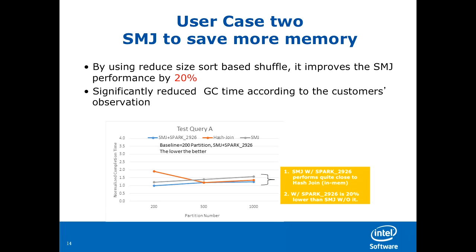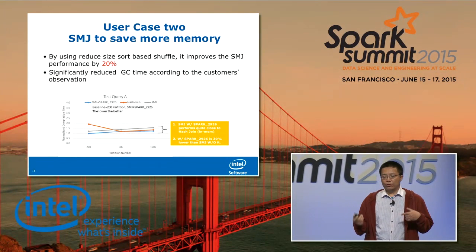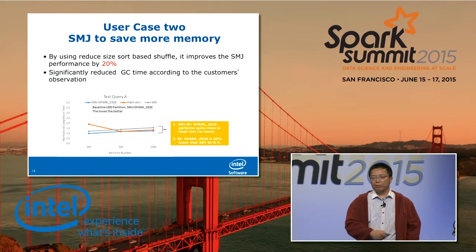This page shows several testing results we did in our lab. On the X side is the partition number, on the other side is the completion time, so lower is better. The original line is HashJoin. Please ignore the 200 partition result for HashJoin, because originally Spark has a patch to do the sort-based shuffle on the map side.